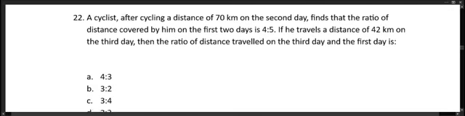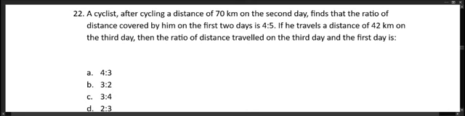Next question is, a cyclist after cycling a distance of 70 km on the second day finds that the ratio of distance covered by him on the first 2 days was 4:5.